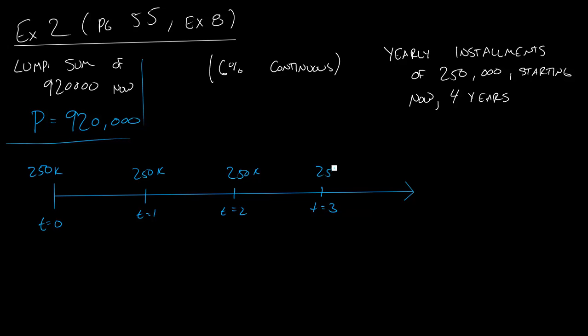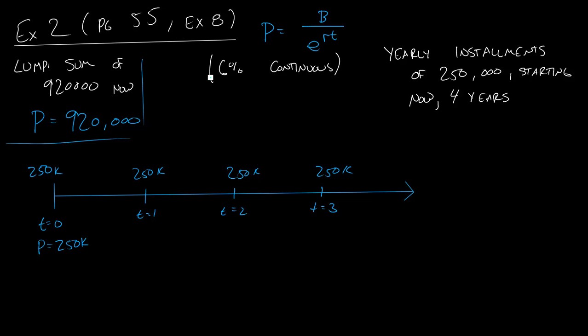And so if we're trying to find out the present value of this entire proposition, we have to find out the present value of each of these 4 little payments they give us. So the present value of this first payment's already done. Present value here is $250,000. Right? Now what's the present value from this payment? Well, I'm going to have to use my formula. And if you remember from before, the present value was B divided by e to the RT.